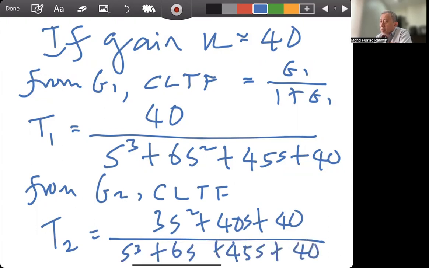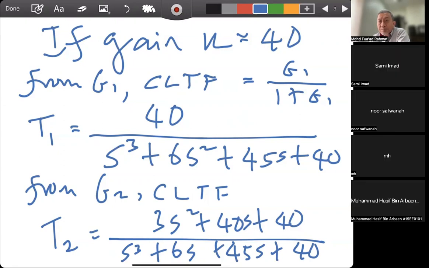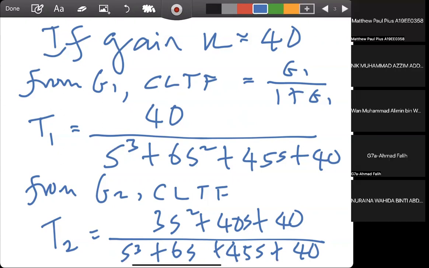So what can we comment based on the closed loop transfer functions T1 and T2? What can you comment? Hasif, any comment? Your observations on T1 and T2?